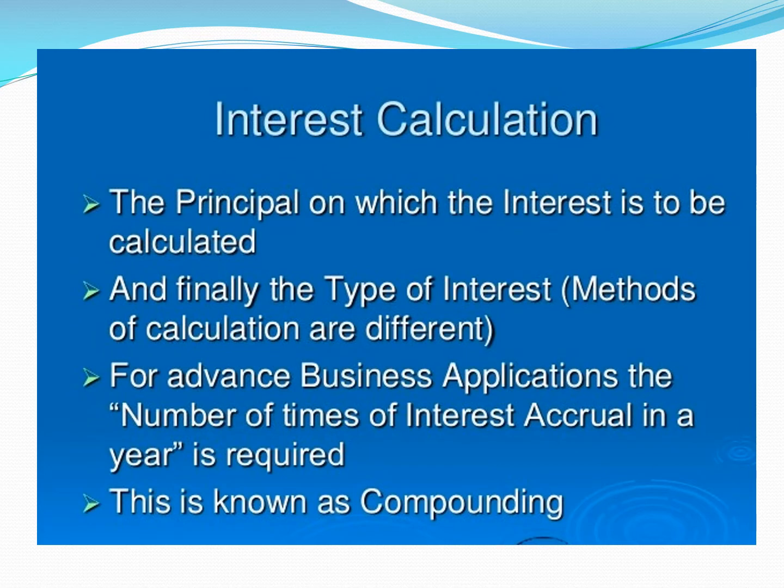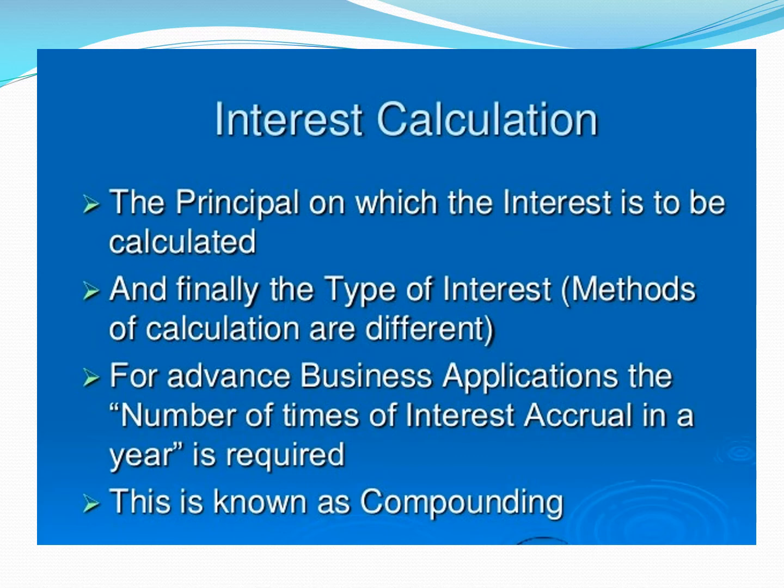Interest calculation: the principal on which the interest is to be calculated, and finally the type of interest. The methods of calculation are different. For advanced business applications, the number of times of interest accrual in a year is required.